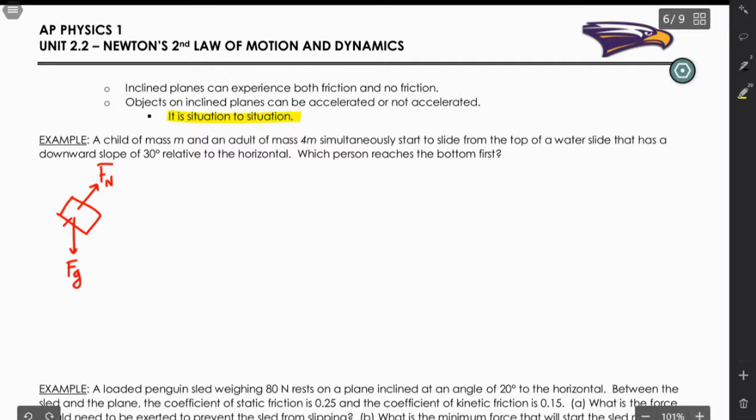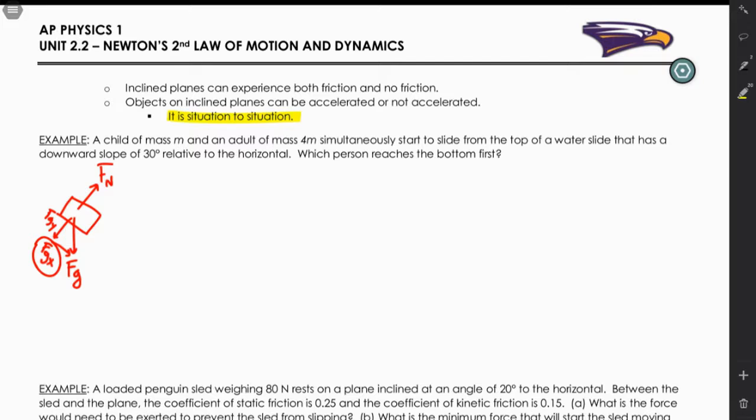If we break this up, this is our FGY, this is our FGX. The only force that brings the person down, whether it be the child or the adult, is going to be the X component of the weight, because we have no friction. We don't have to worry about the vertical piece.